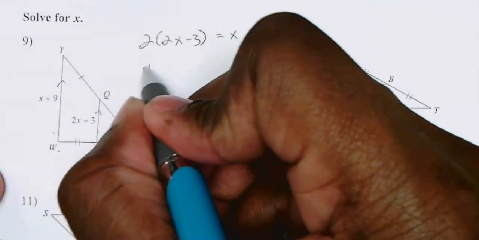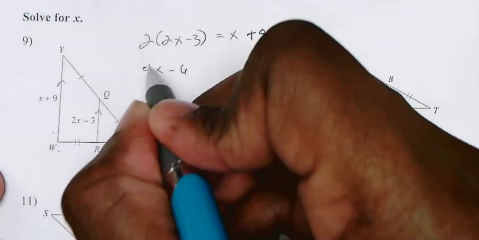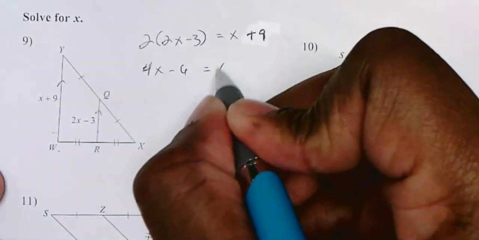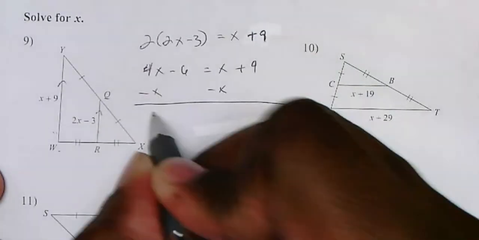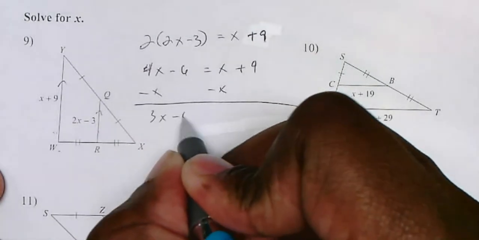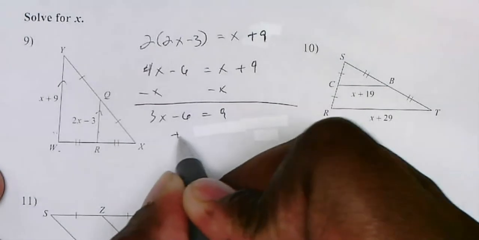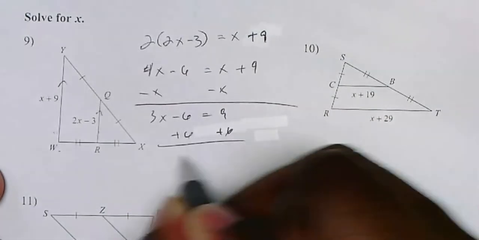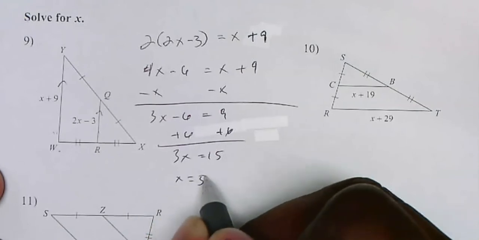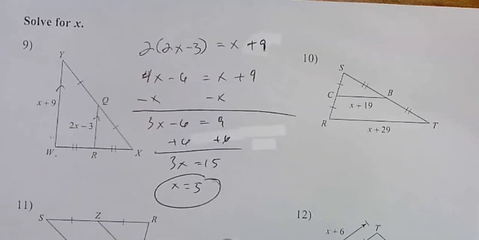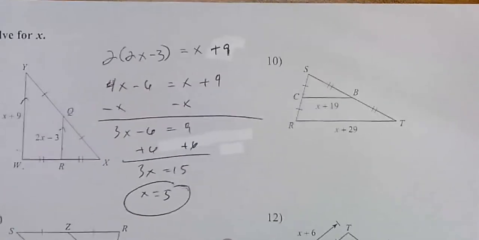So this means that 4x subtract 6 should equal x plus 9. And finish solving that for x, you should get 3x subtract 6 equals 9. So 3x equals 15. And x would have to be 5. So that's one way you can create the equation.